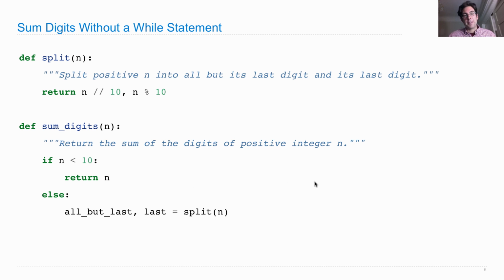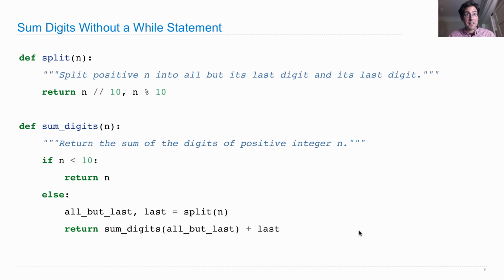And then we'll return the sum of digits computed from those 2 parts. Well, what is that sum? We're going to sum up the digits of all but the last, and then we'll add in the last digit. So for 2013, this would have 201 and 3. I would sum the digits of 201 to get 3. I'd add 3 more to that, and I'll get 6, the answer I'm looking for.